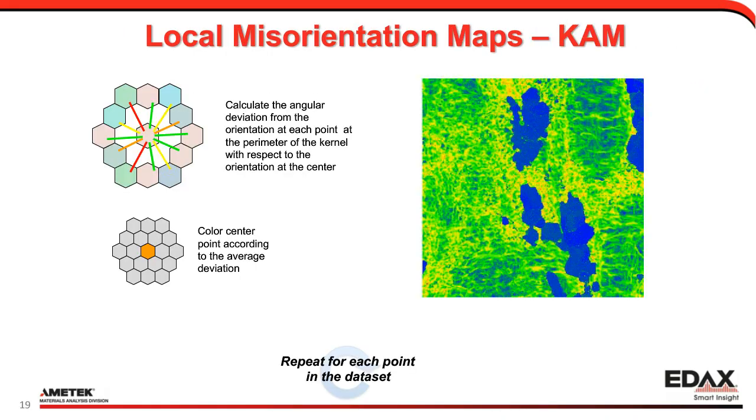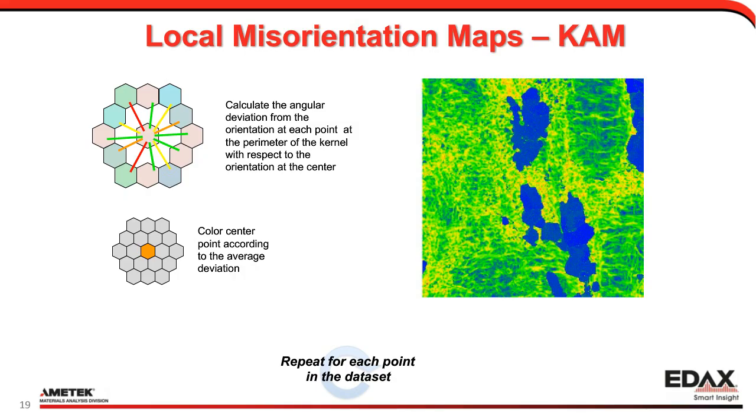So let's look at the KAM, kernel average misorientation. The idea here is you have a kernel of points. In this case I'm showing points collected on a hexagonal grid in a scan. We calculate the angular deviation from a point at the center of the kernel, and usually we look at the ones on the perimeter, as I've shown there. Usually we're looking at nearest neighbors, but you can go out as many neighbors as you want. Obviously, nearest neighbors is the closest you can do.